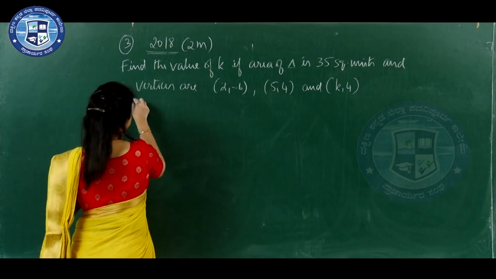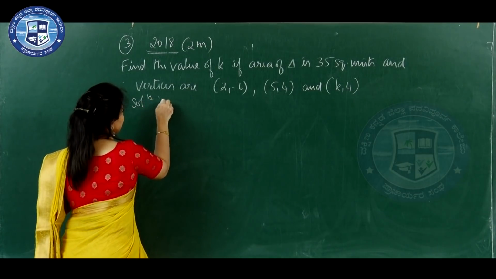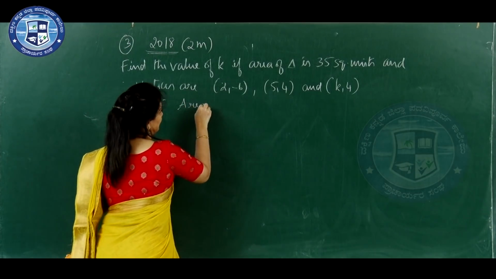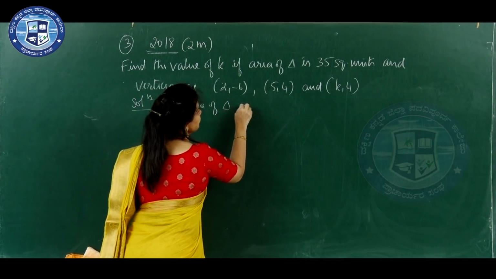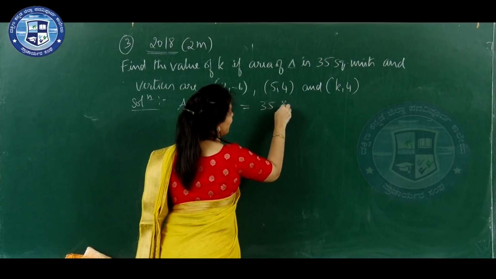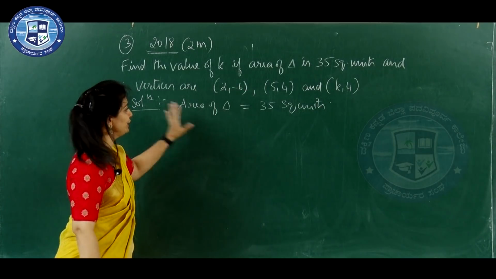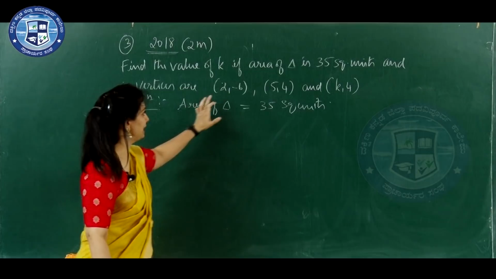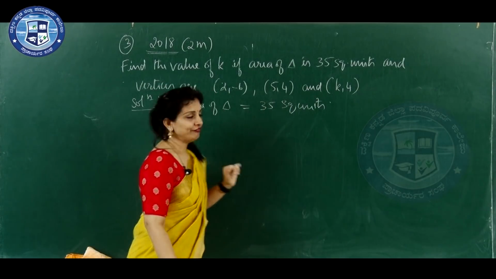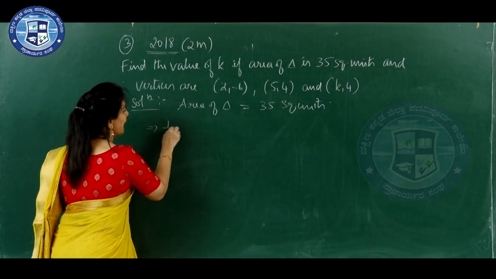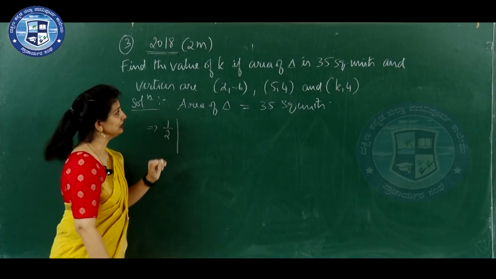Solution: area of triangle is equal to 35 square units. You know how to find the area of a triangle if the coordinates are known, which implies half into the determinant.